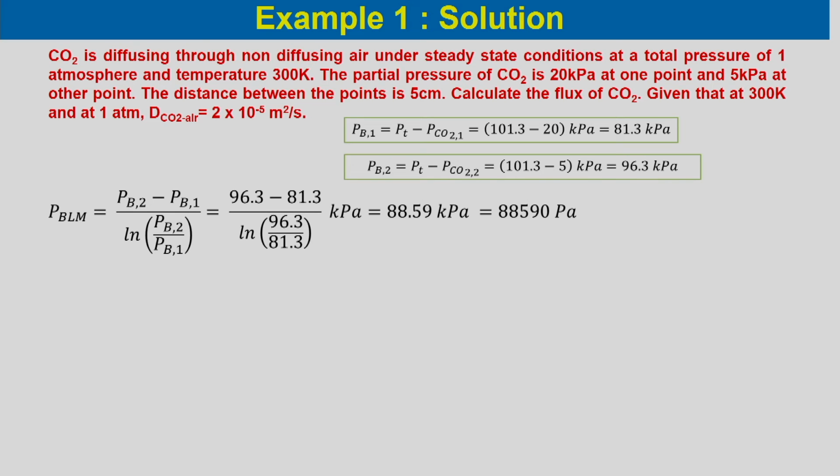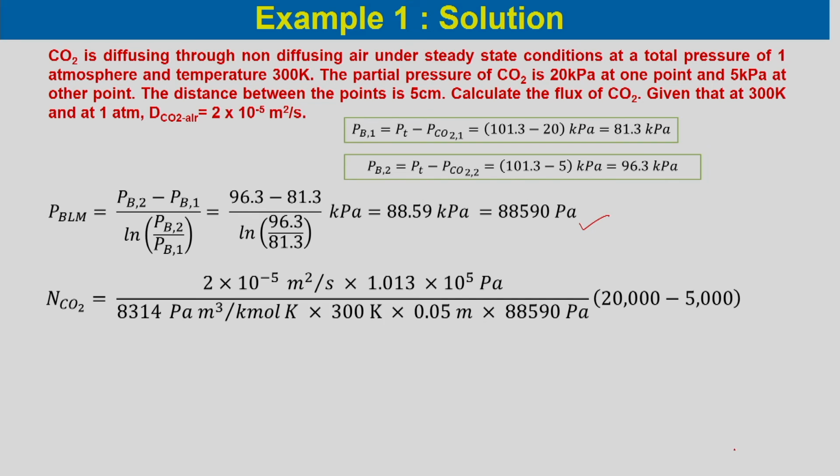Now, if we calculate P_BLM, the log mean partial pressure difference, it is (P_B2 minus P_B1) divided by ln(P_B2 by P_B1), which is (96.3 minus 81.3) divided by ln(96.3 divided by 81.3) kilopascal, which is 88.59 kilopascal, equal to 88,590 pascal.